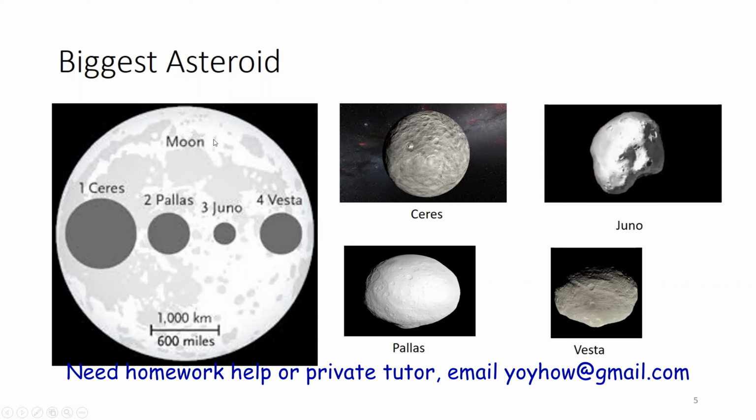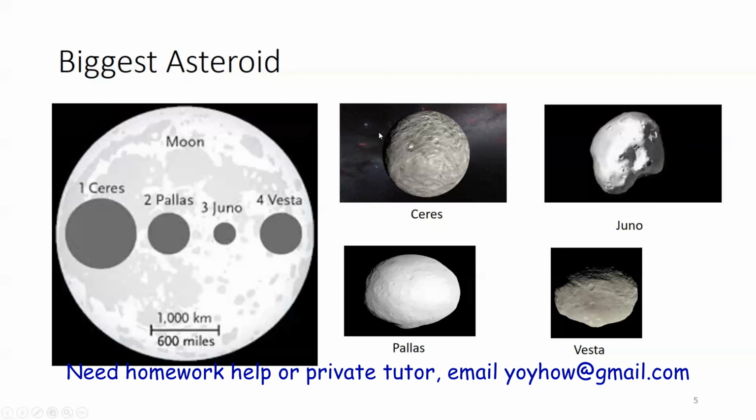Compared to the moon, this one is the largest, Ceres, and then the second one is Pallas, then Juno, the third one, and Vesta. So these four asteroids are the biggest asteroids here.